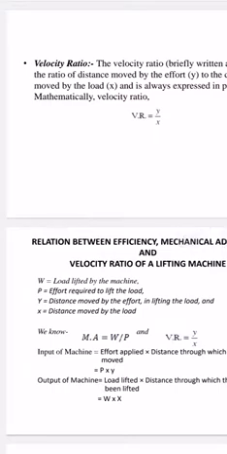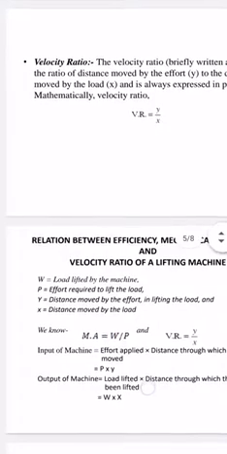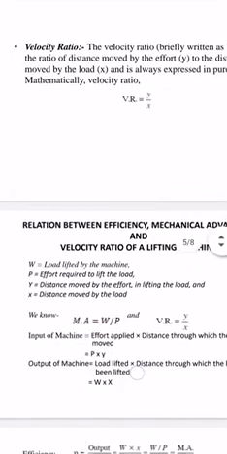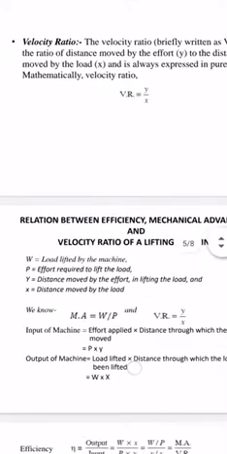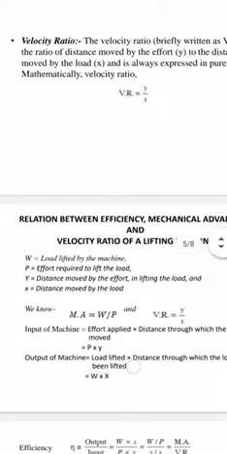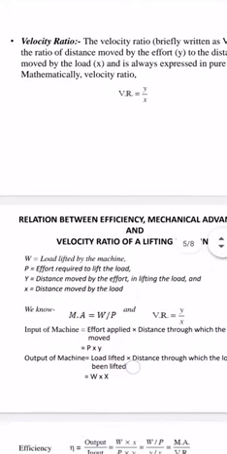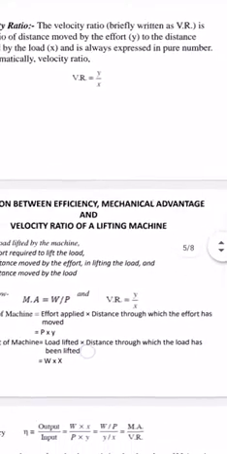So we already know what MA is, mechanical advantage, W by P, and what VR is, Y by X. Okay. So now we know what the input of the machine is. Input of the machine is the effort applied into the distance moved by this effort.